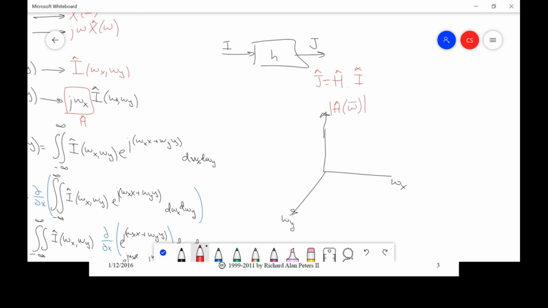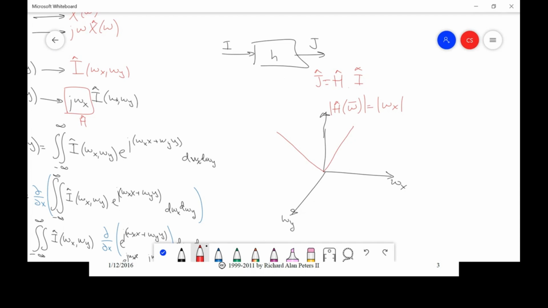So it is the module of omega x. So it is a filter such that at low frequency of omega x, it is low. It looks like an absolute value. So it is something like this.